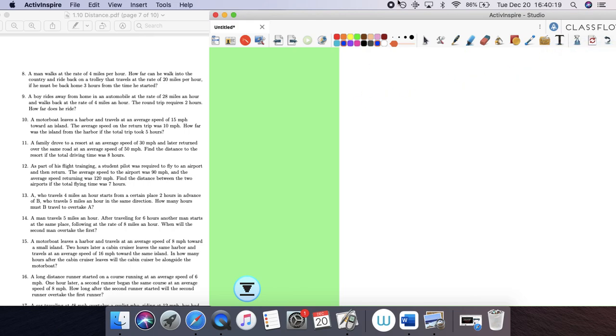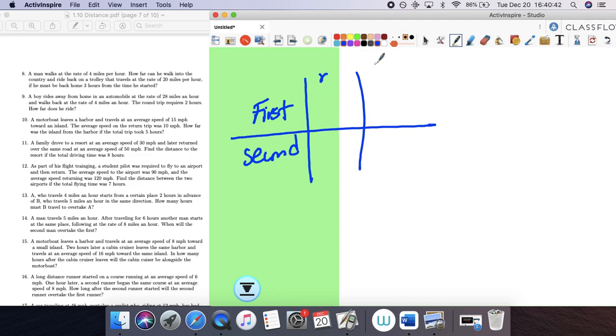Something's off. 14. A man travels at 5 miles an hour. After traveling for 6 hours, another man starts at the same time following at the rate. Oh, okay, so that's the same question. So we have two guys. The first guy is traveling at 5 miles an hour.